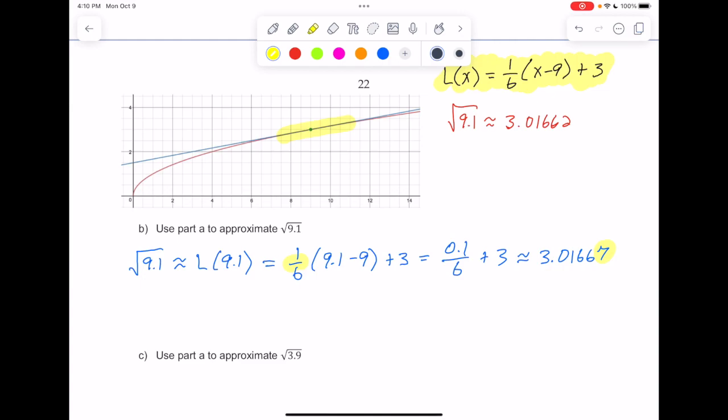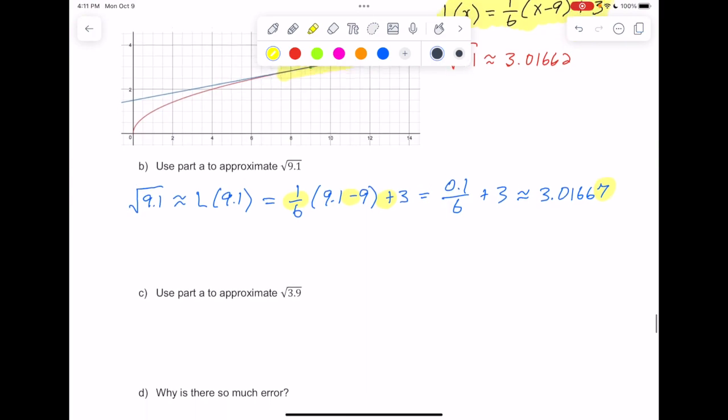Division, which we can do, subtraction, which we can do, addition, which we can do. So all the math that went into this linear approximation is something that we could do with pencil and paper, whereas the square root of 9.1 the right way, by plugging into the square root function, is something we depend on a calculator for. But here's a way we could get a pretty decent answer without one.